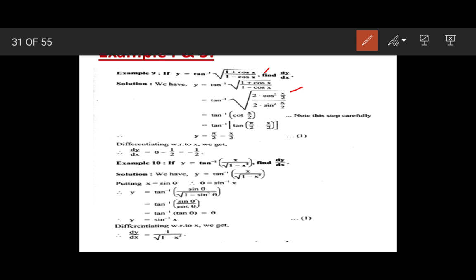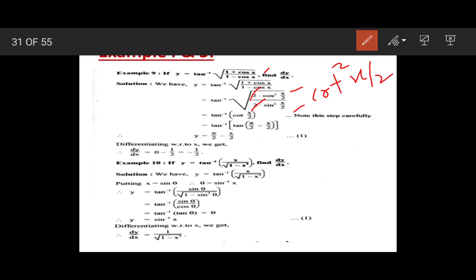And 1 minus cos x is equal to 2 sin square x upon 2. Okay, we are directly using the formula of 1 plus cos x and 1 minus cos x. Then 2 cancels, right? Cos square x upon 2 upon sin square x upon 2 is equal to cot square x upon 2. Okay.